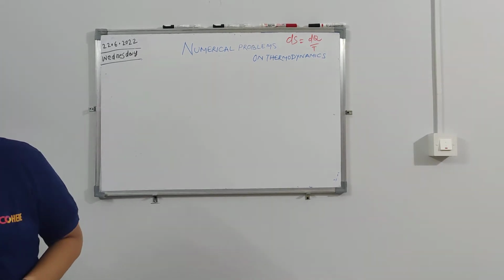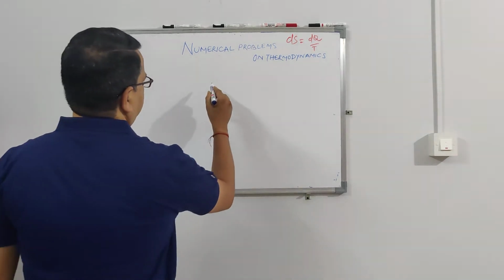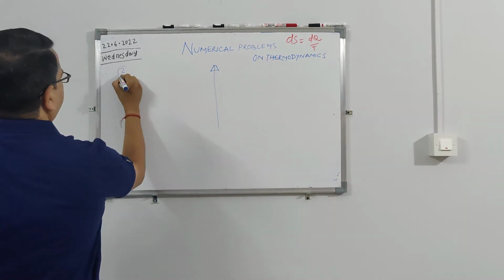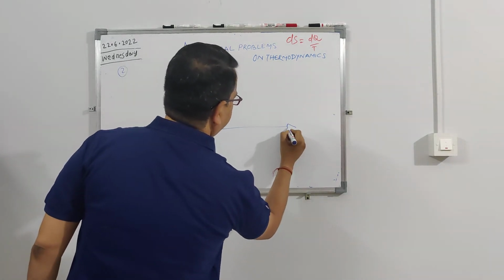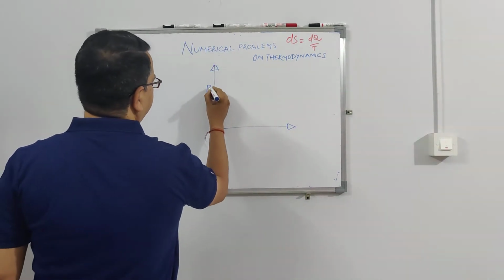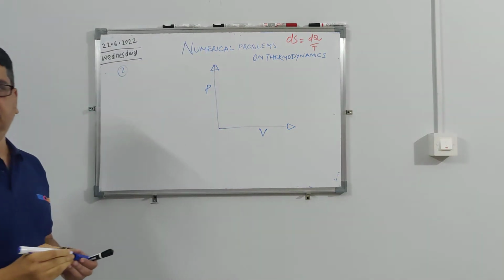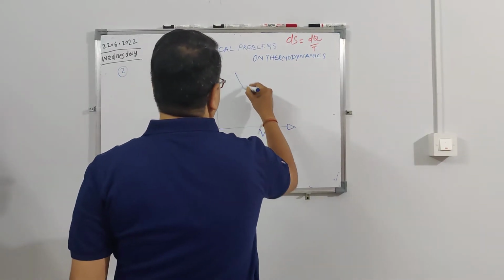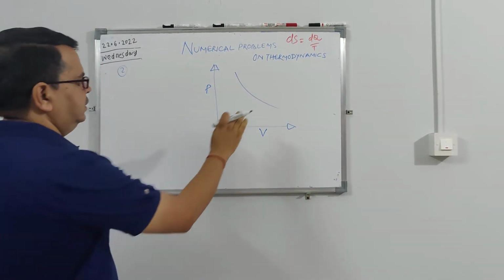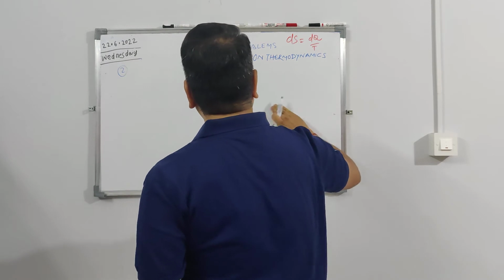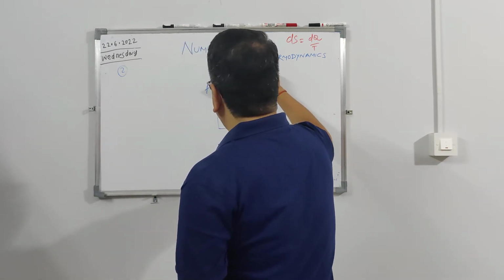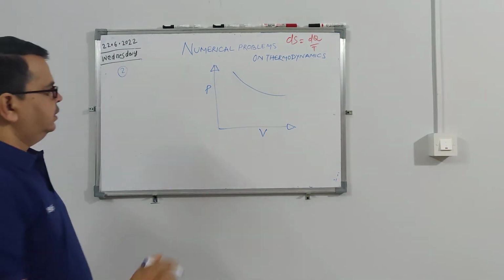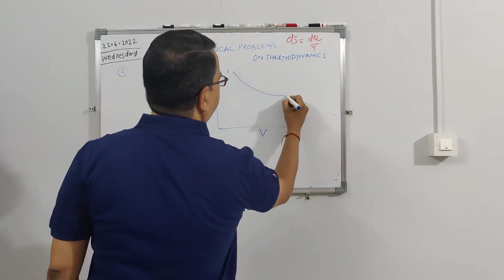So let us say, question number 2. This is my PV diagram. This is my P and this is my V. The gas goes like this. Let us say a steeper slope is adiabatic, or let us say it is an isothermal process, something like this. It goes from 1 to 2.